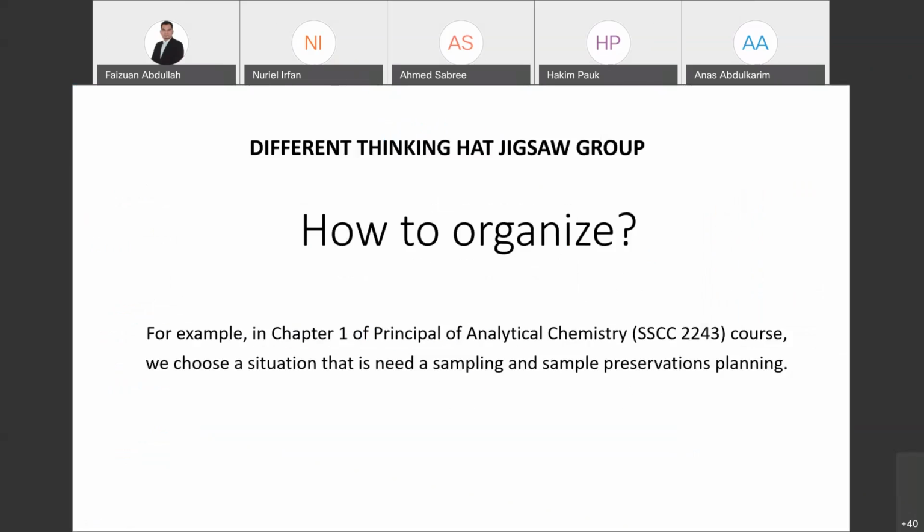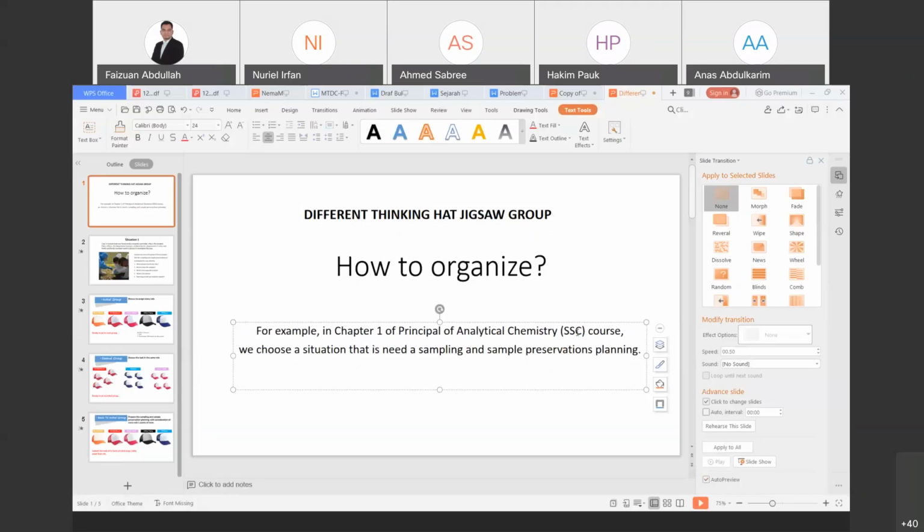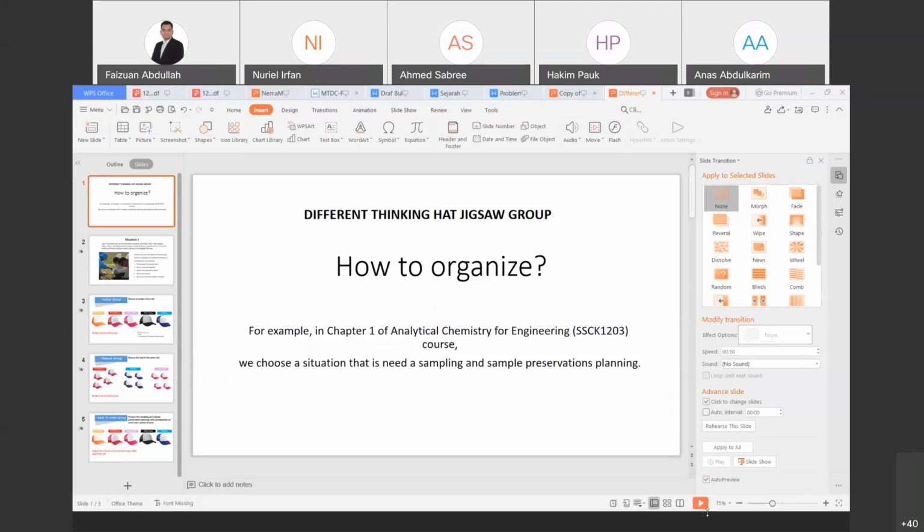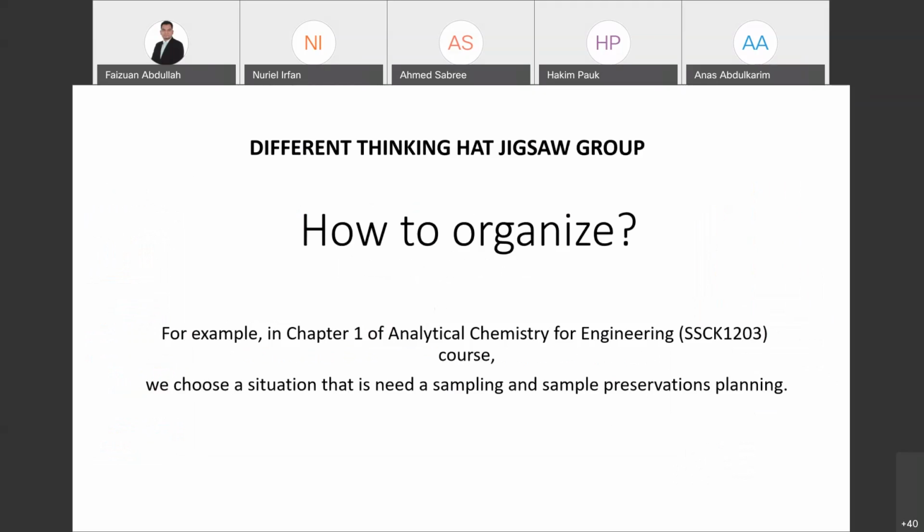Okay, how to organize? Chapter 1 for this course: we choose a situation that needs sampling and sample preservation planning. We plan first.